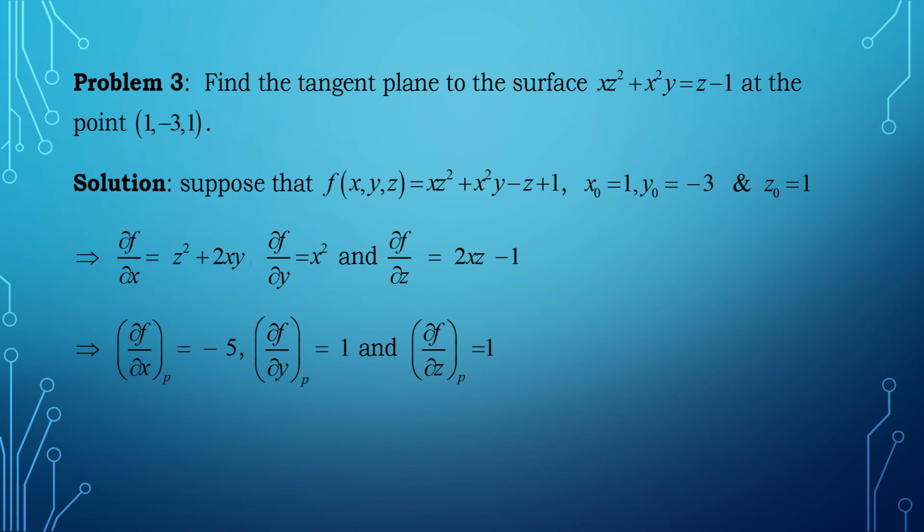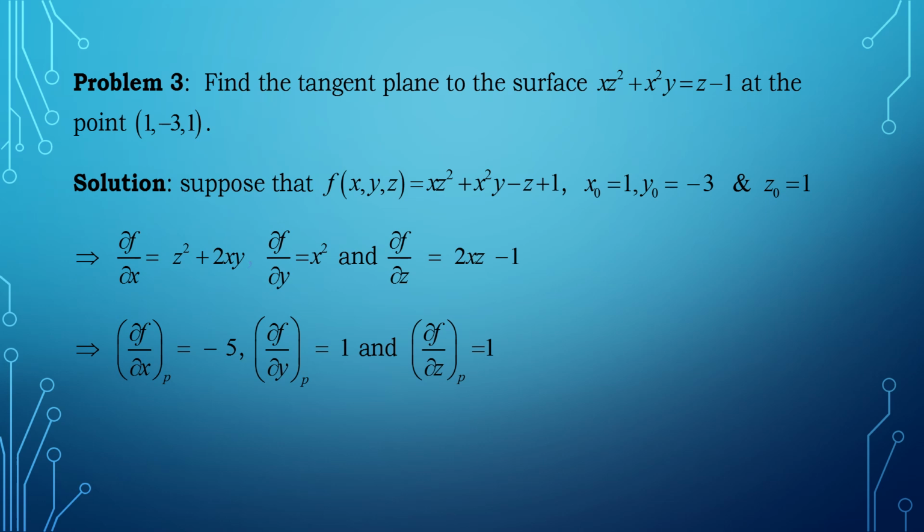Suppose that x naught equals 1, y naught equals minus 3 and z naught equals 1. To find out the tangent plane, first we have to find out the partial derivatives dou f by dou x, dou f by dou y and dou f by dou z. In this case, dou f by dou x becomes z square plus 2xy.